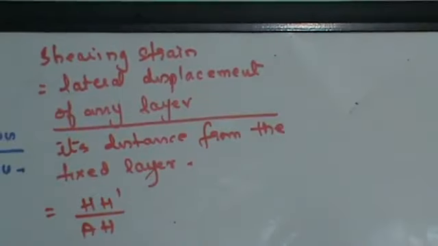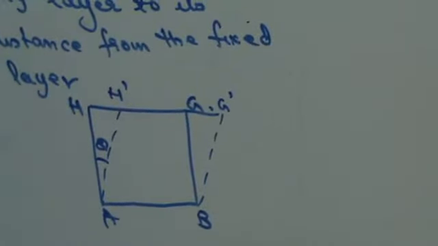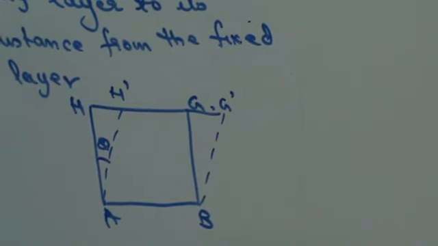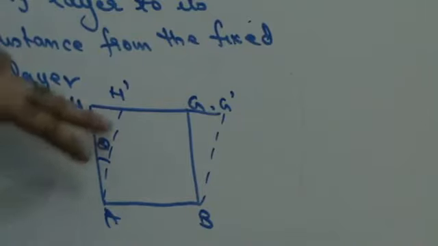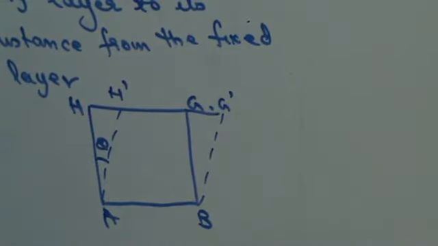Right? Can we see the diagram once again, please? I have h bar upon AH. Now guys, in this triangle AH bar, if I apply tan theta, what is tan theta? Tan is opposite upon adjacent. So tan theta would be h bar upon AH. So h bar upon AH can be written as tan theta.